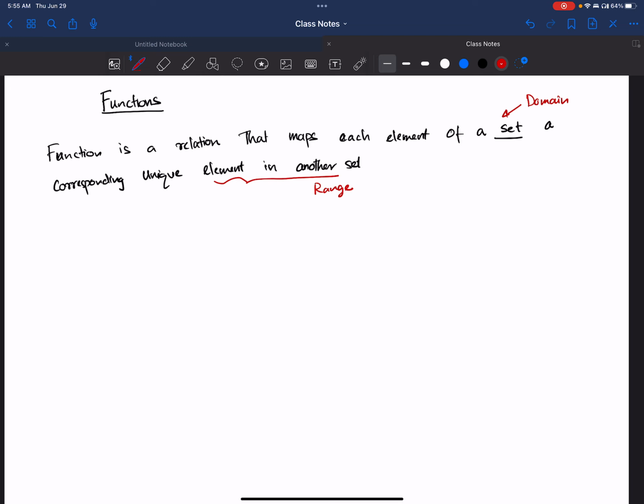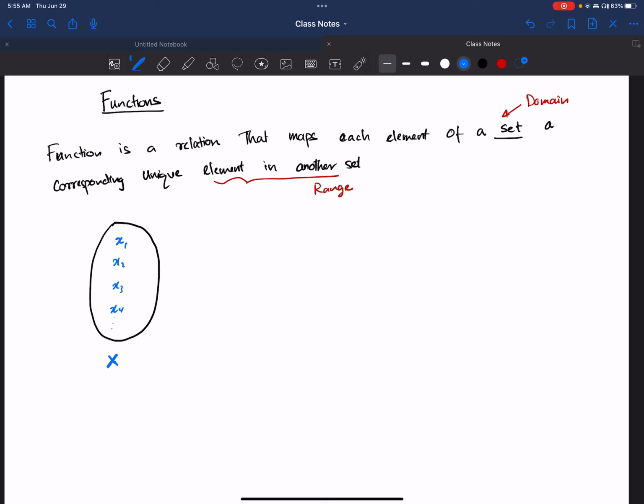Now, if I graphically show you what this means, you have a set. You can show a set graphically by using a balloon or something like that. And you have elements in that set, right? You have x1, x2, x3, x4, and so on. I would call this set X. This could be any element: a rational number, irrational number, real number, complex number, or a name, or some kind of value.